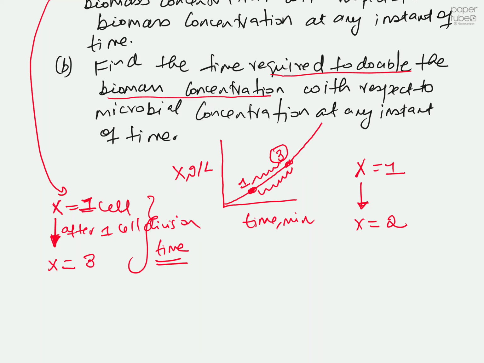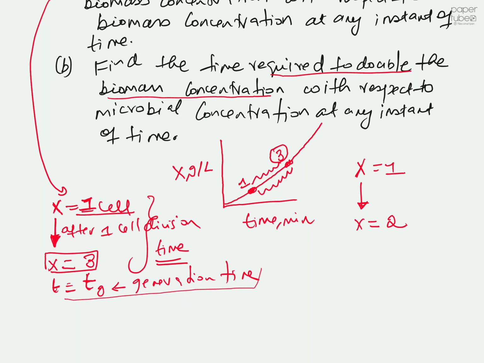Say when time t equals 0 you have one cell, and when time t equals tg, x is equal to 3. We can call tg the generation time, and we need to calculate this value. All we have is time versus microbial concentration.